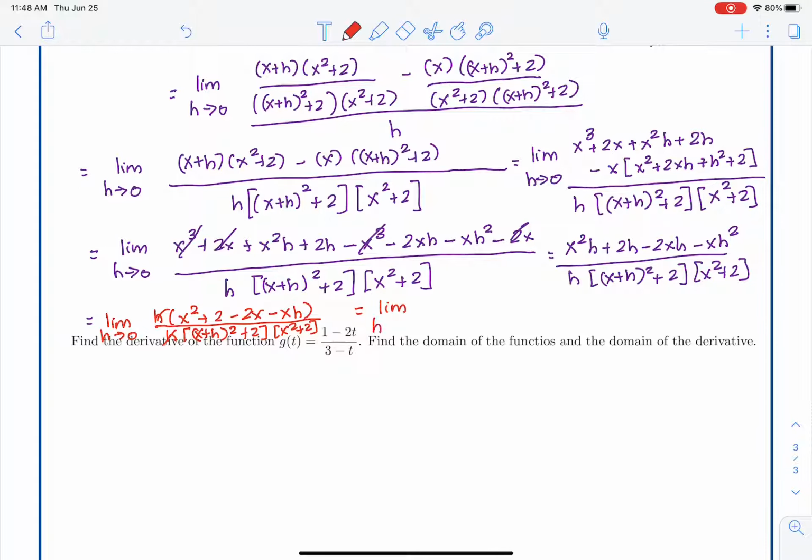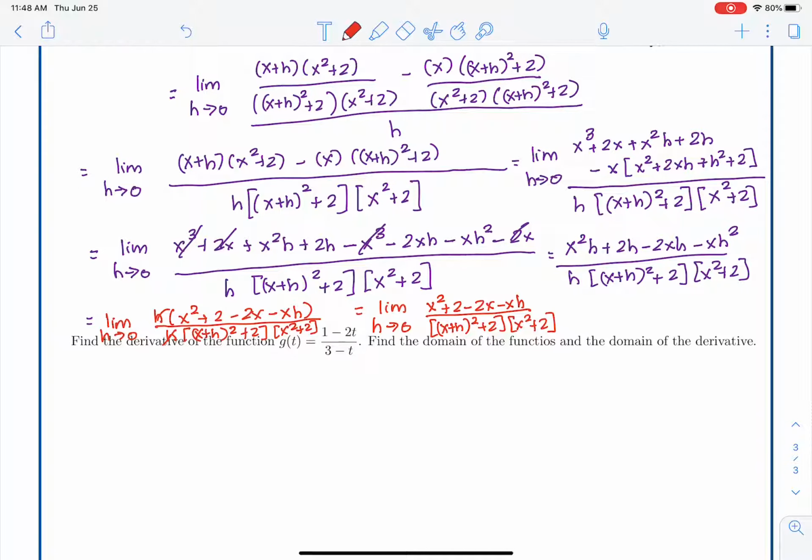Limit as h approaches 0, we have x squared plus 2 minus 2x minus xh, divided by x plus h squared plus 2 times x squared plus 2.